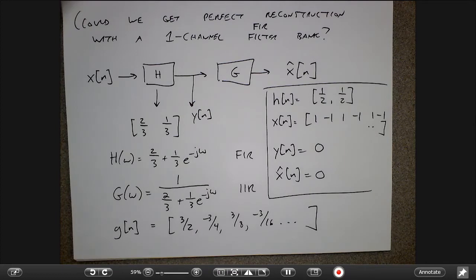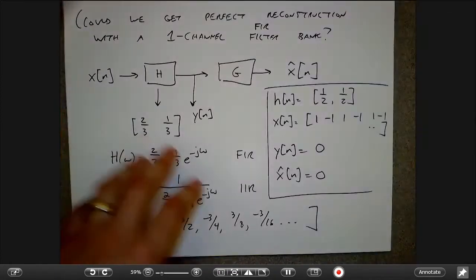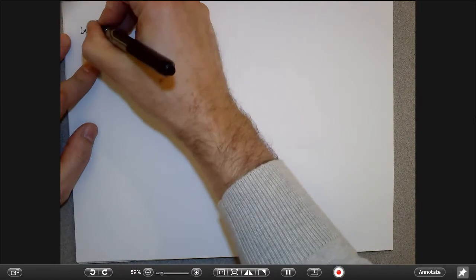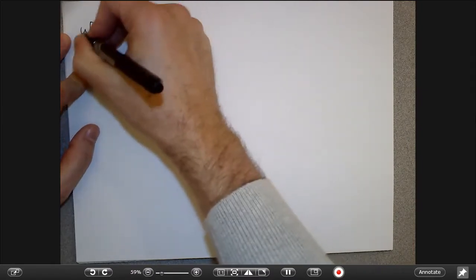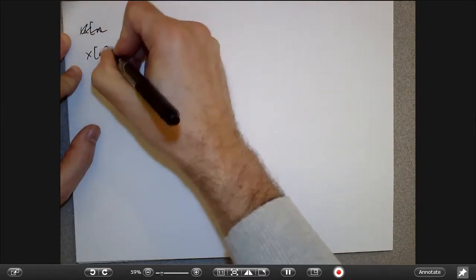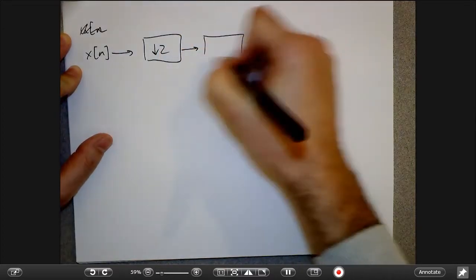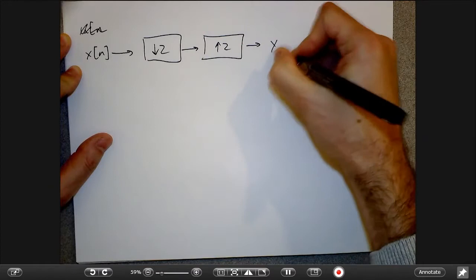Okay, so let's think about what actually is happening inside this filter bank. We have all the tools now that we need to analyze this. First let me look at a simpler system. Suppose I have a signal, it gets downsampled, it gets upsampled, and I get an output.